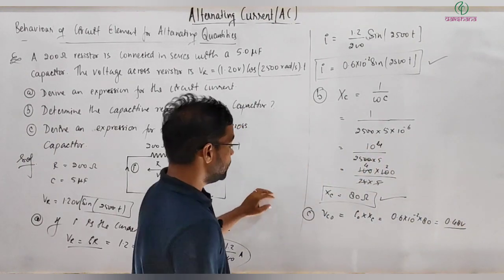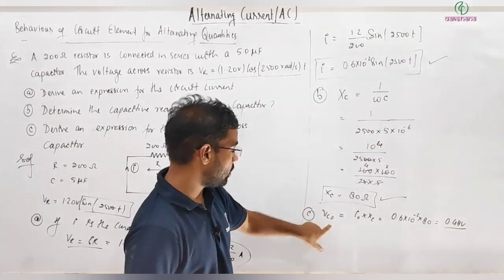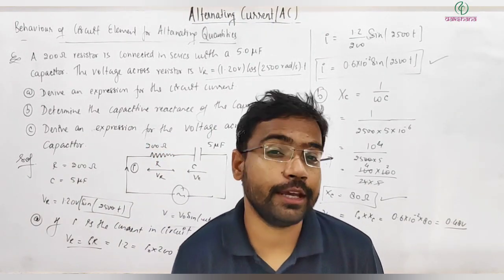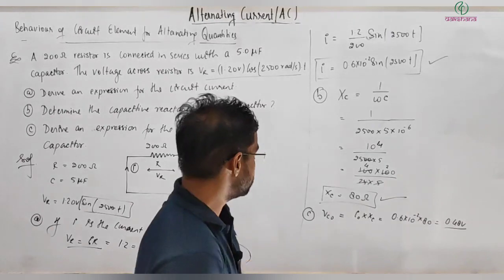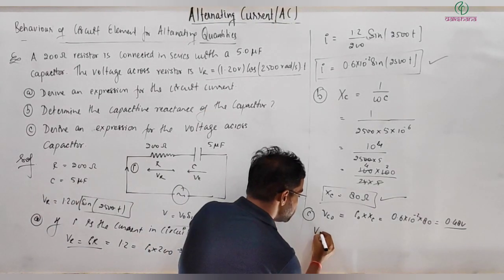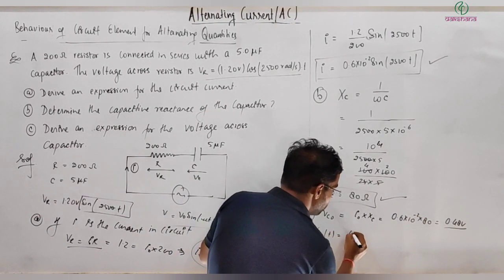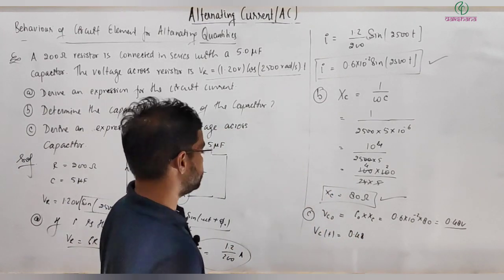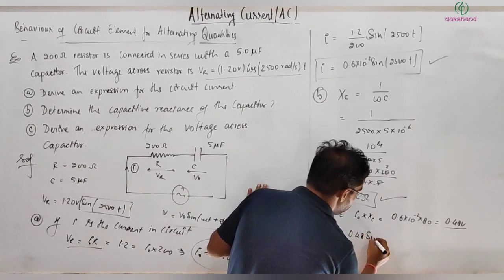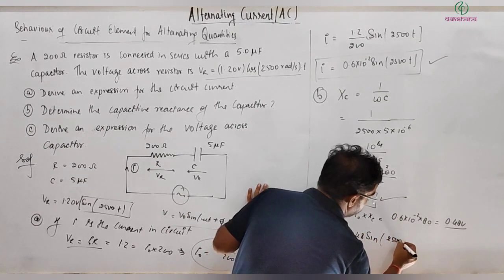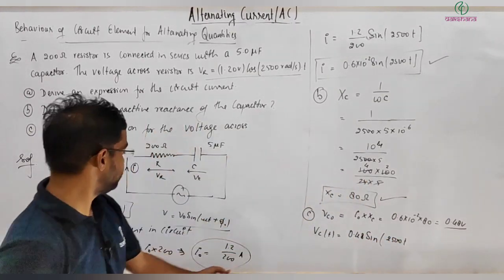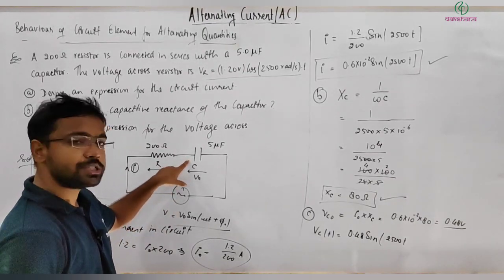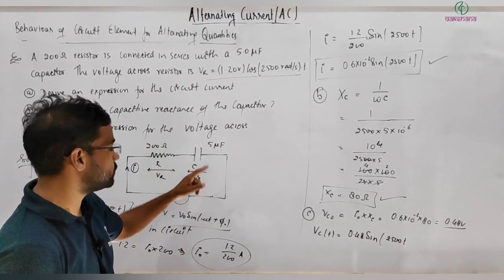The voltage across the capacitor lags behind the current by a phase of pi by 2. So I can write Vc is equal to 0.48 multiplied by sine of 2500 t, minus pi by 2. This is the phase of the circuit current, but the voltage across the capacitor will lag behind the current by a phase of pi by 2.